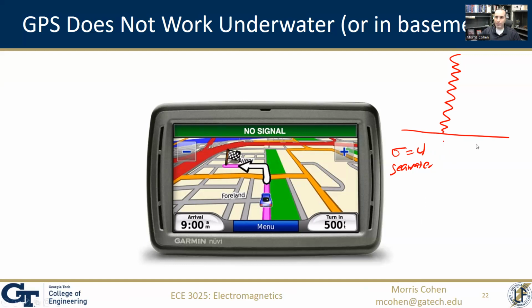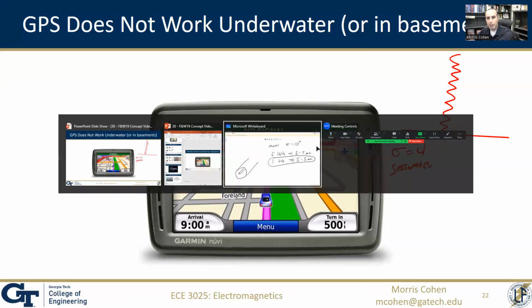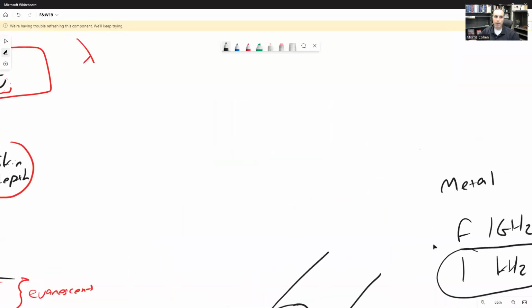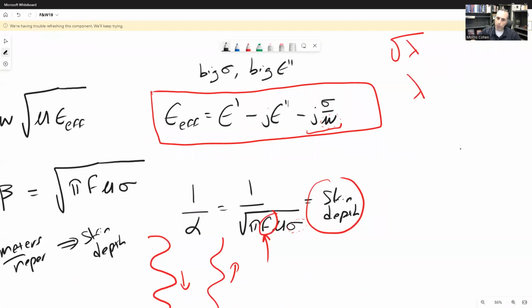However, there is an application for which you can penetrate something underwater, and that is if you reduce the frequency. So if we come back to this formula, and you plug in a value of sigma equal to 4, and you reduce your frequency far enough, once you get into the kilohertz range, you've reached a point where you can actually get some reasonable penetration of many meters, tens of meters, underneath the seawater.